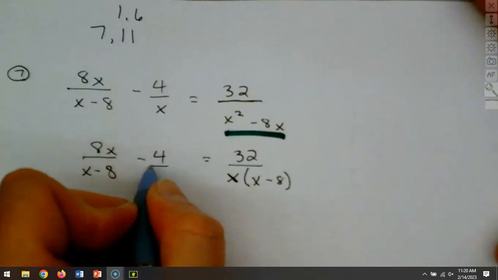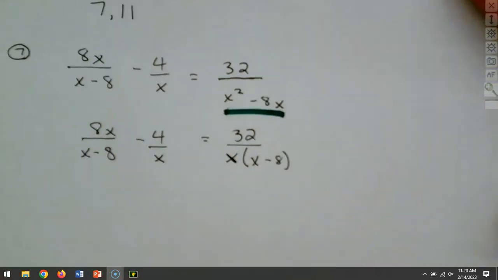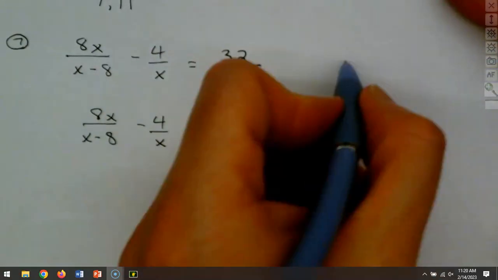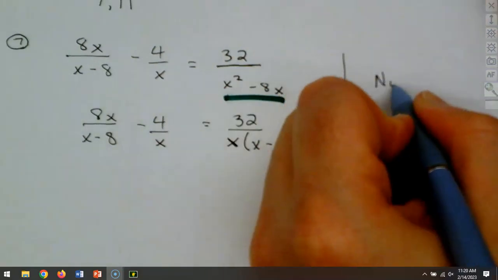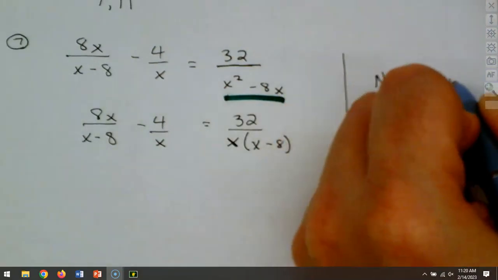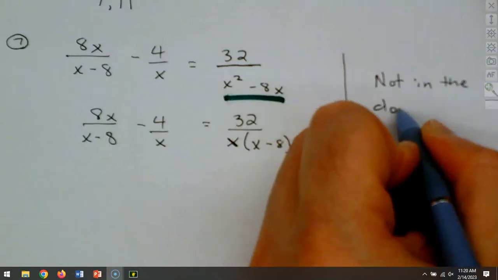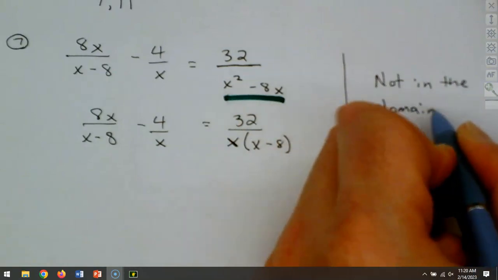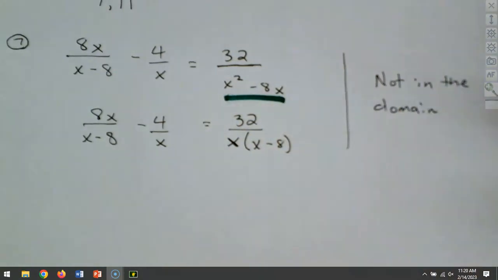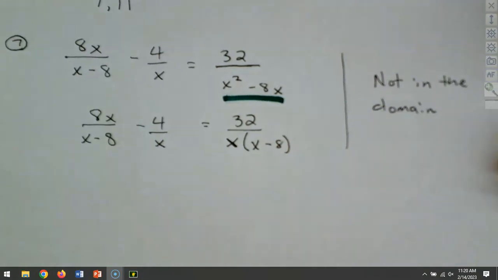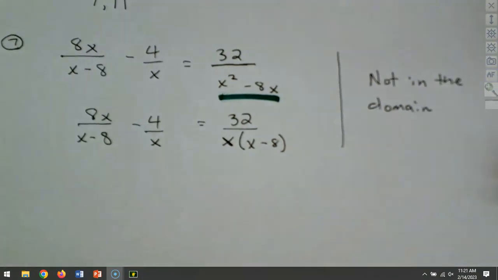So let's take a moment to see what numbers are not in the domain. Well, how do we figure out what numbers are not in the domain? And what does that mean? When I say numbers not in the domain, that means division by 0.